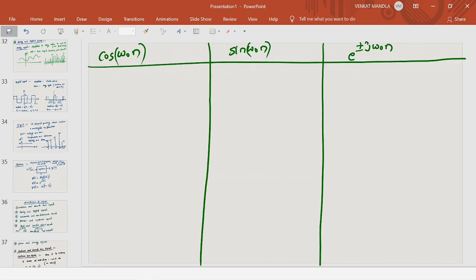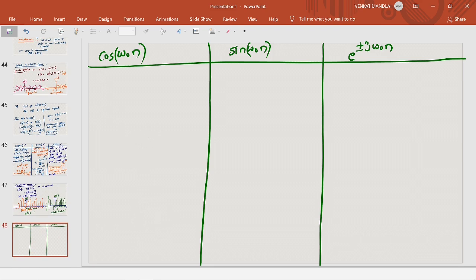Okay, cos omega naught n. So x of n equal to x of n plus capital N. This is the condition.